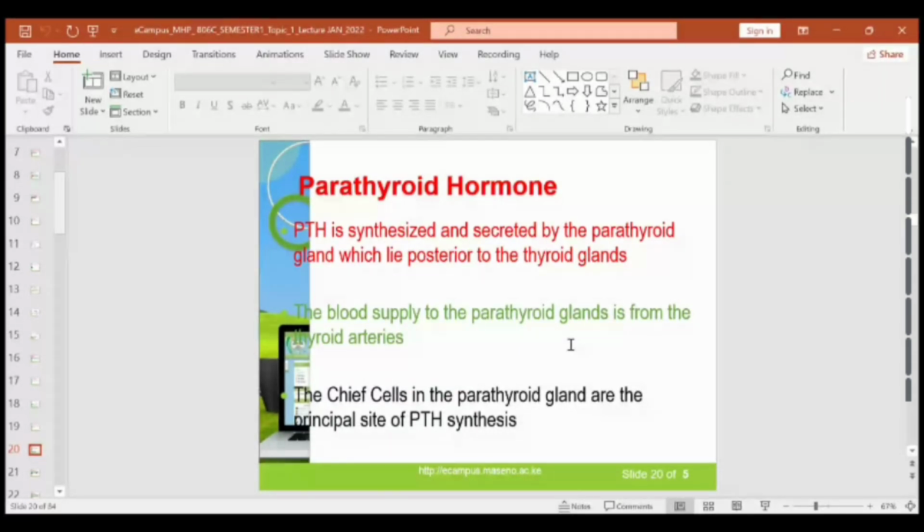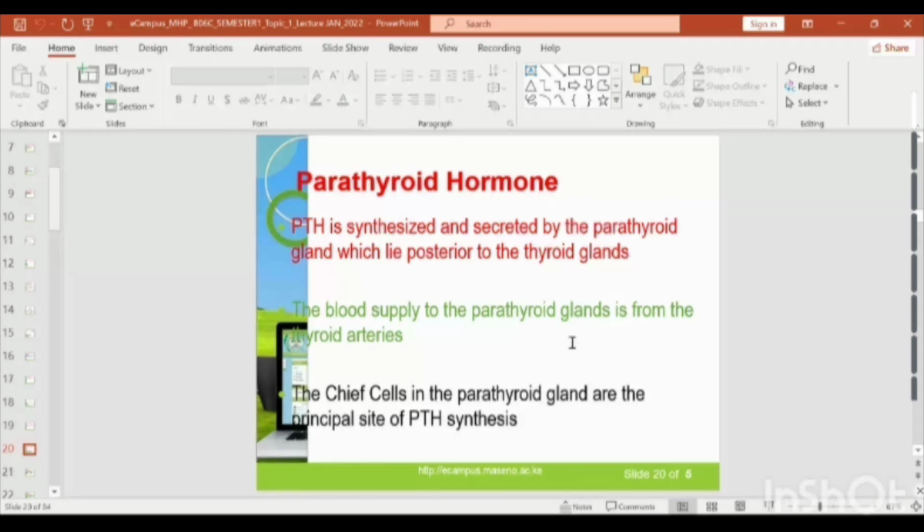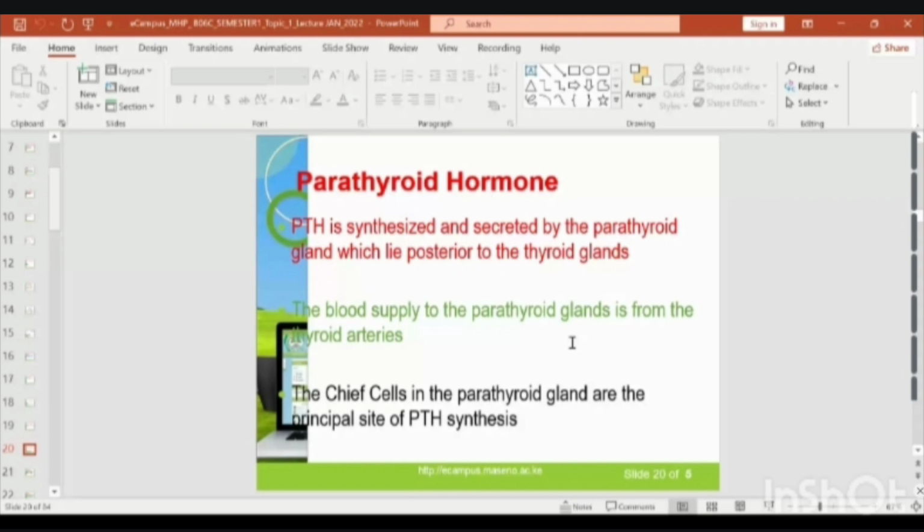The blood supply is from the thyroid arteries, and I think you also remember that the thyroid artery is a branch of the main branch of the aorta. Within the parathyroid, we have specific cells we call the chief cells, and the chief cells are the ones responsible for the synthesis of PTH.